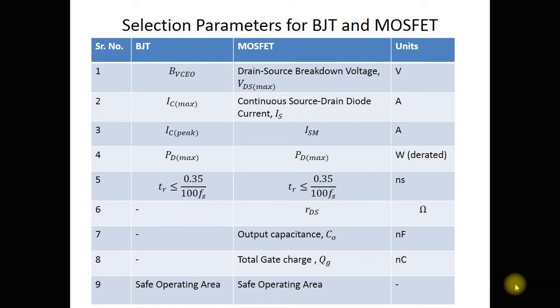The advantage of the MOSFET is that as temperature increases, in the case of BJT it may lead to thermal runaway, so the heat sink requirement is very severe, whereas in the case of MOSFET the resistance actually increases with the increase in temperature, and so the drain current drops down a little bit. That is one advantage of the MOSFET. Of course a heat sink is required to maintain the junction temperature at the expected level, but the MOSFET has an advantage there.